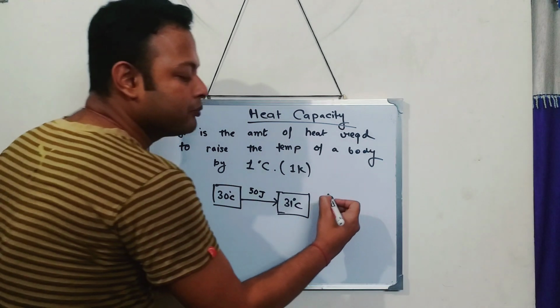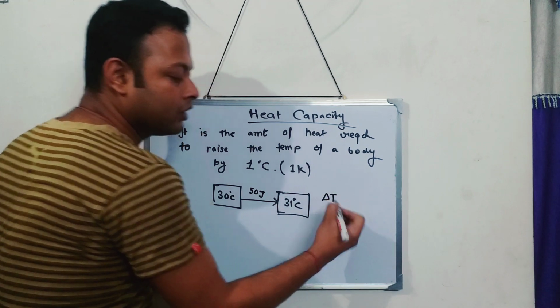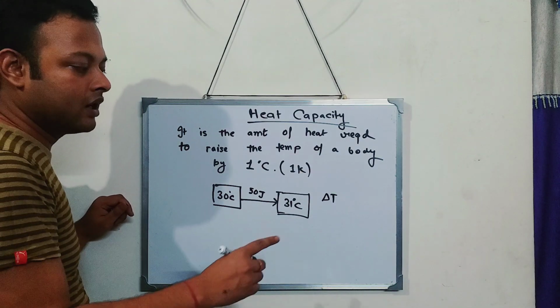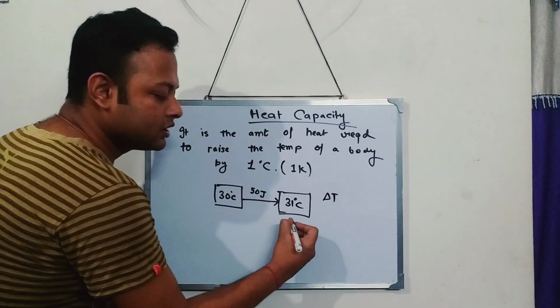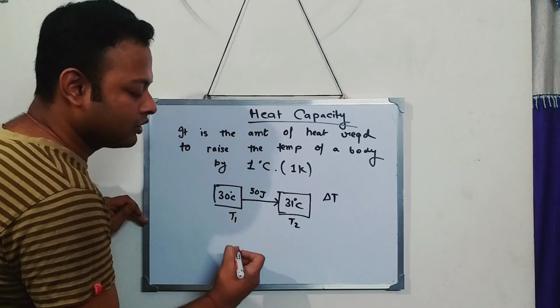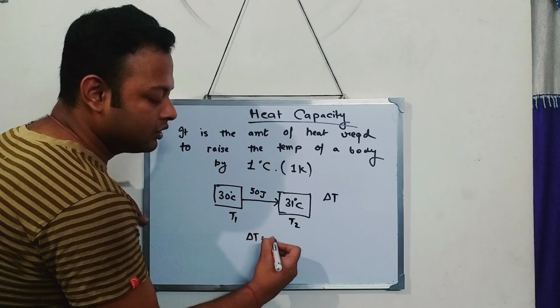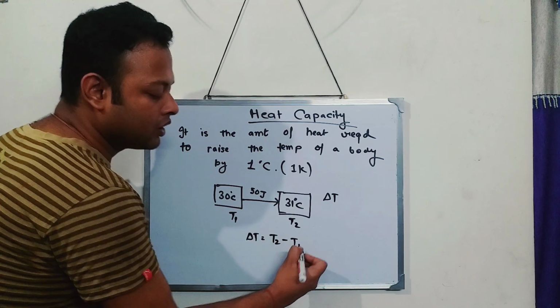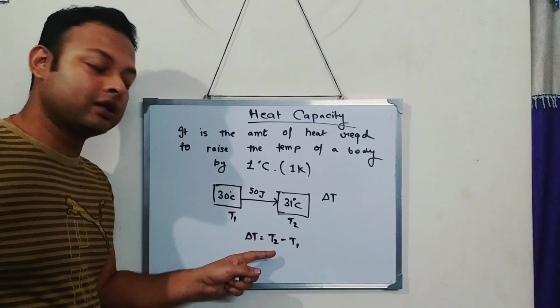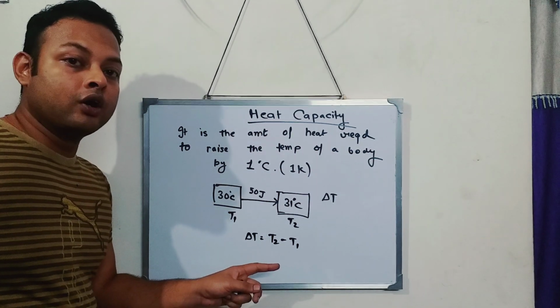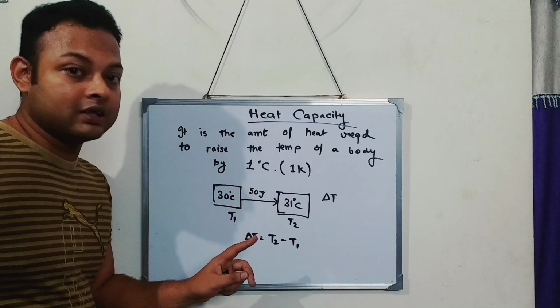So to raise a temperature, that is delta T, I made you understand what is delta T, that is final minus initial, T2 minus T1. Suppose this is T2, this is T1. So delta T is equal to T2 minus T1. Remember, delta T is always the higher value of temperature minus the lower value of temperature. Not final minus initial.